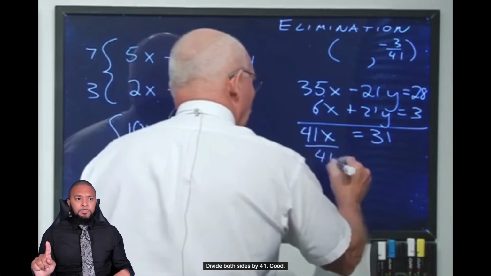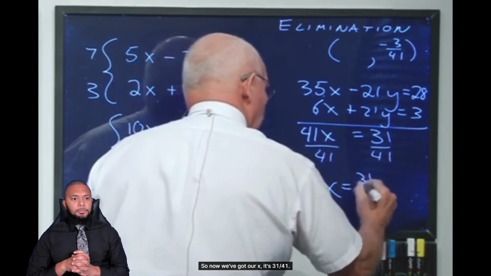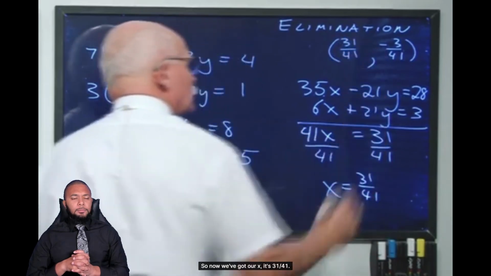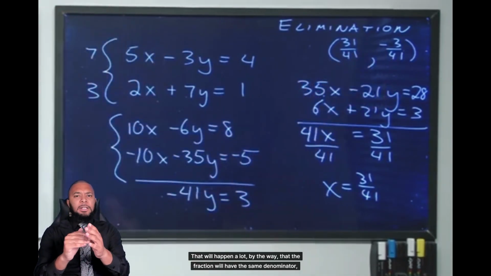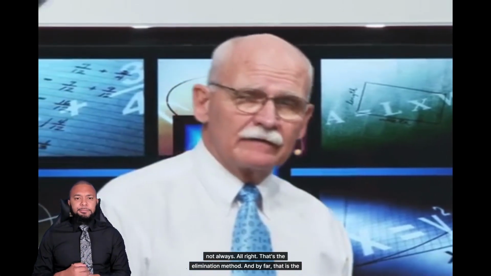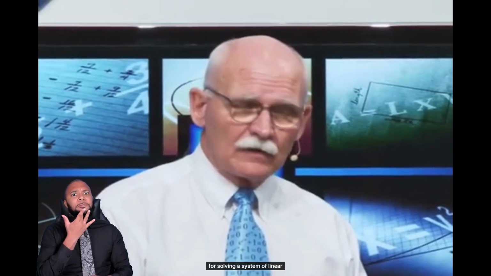Good. So now we've got our x. It's 31 41s. That'll happen a lot, by the way, that the fraction will have the same denominator, but not always. All right, that's the elimination method, and by far that is the preferable method, I think, for solving a system of linear equations.